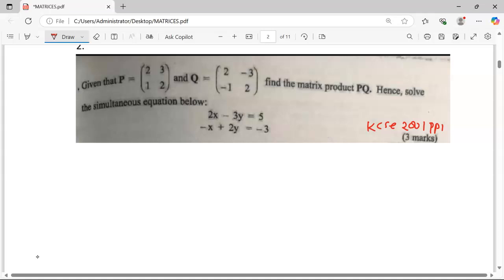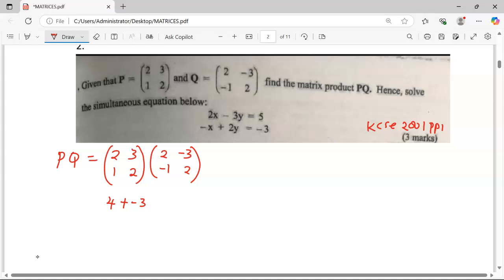We are first going to begin by multiplying P and Q, and P is 2, 1, 3, 2. We multiply by Q, which is 2, negative 1, negative 3, 2. Remember, we multiply row times column, so we begin with the first row, then first column, that is 2 times 2, you get positive 4, 3 times negative 1, that is plus negative 3.